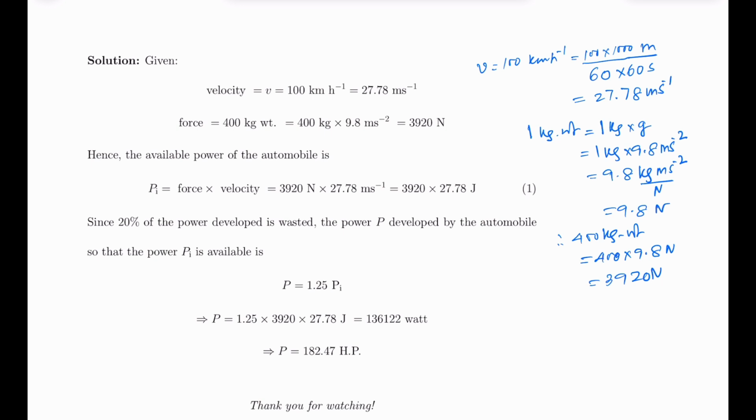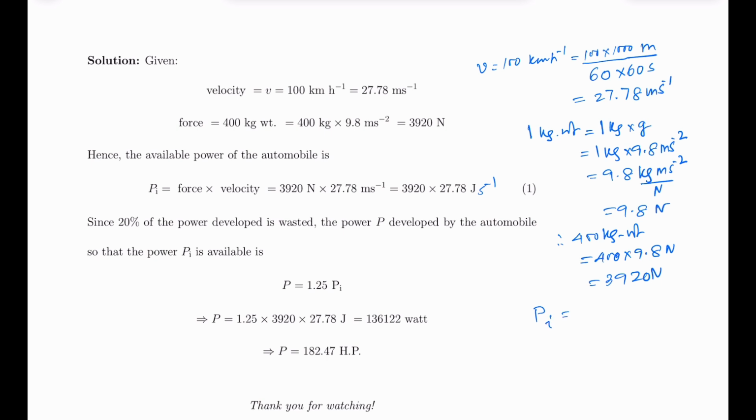So the power available is force into velocity. Force is 3920 Newton, and velocity is 27.78 meter per second. So this is 3920 into 27.78 joule per second, ये हो गया उसका पावर। इस पावर से ही वर्क हो रहा है, ठीक है। यदि हमारा पावर P है तो P पावर का 80% से ही काम हो रहा है, because 20% is wasted.